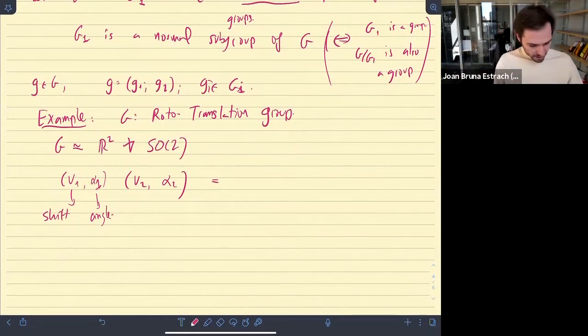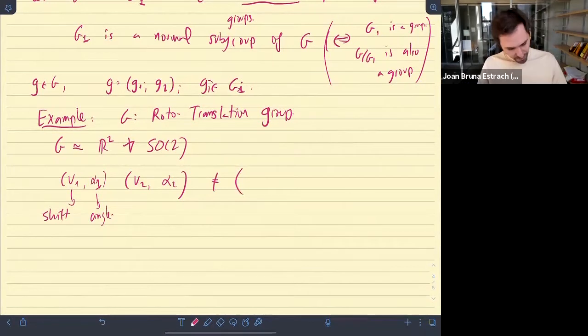And how can I write the resulting object? What is the effective shift that I see when I compose these two things? You can see that it is not v1 plus v2, alpha 1 plus alpha 2. That's not true, because the shift in one transformation interacts with the rotation of the other.